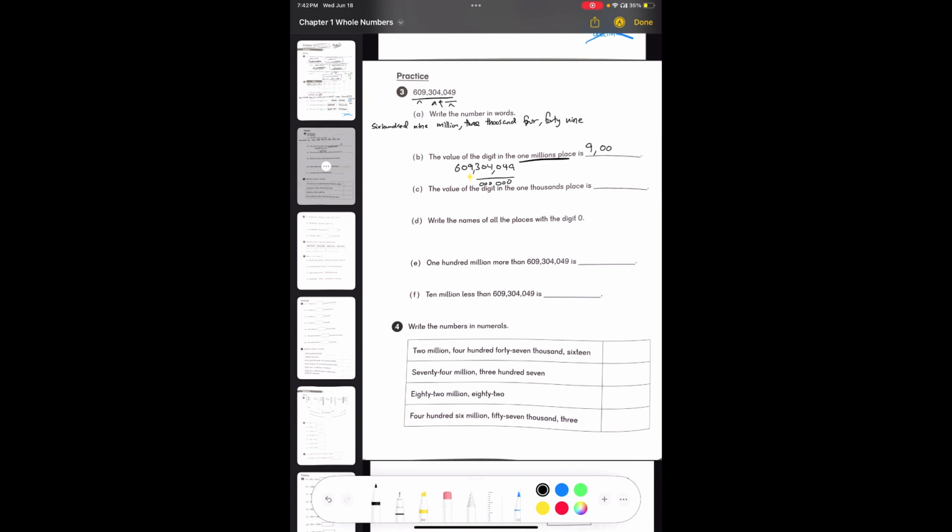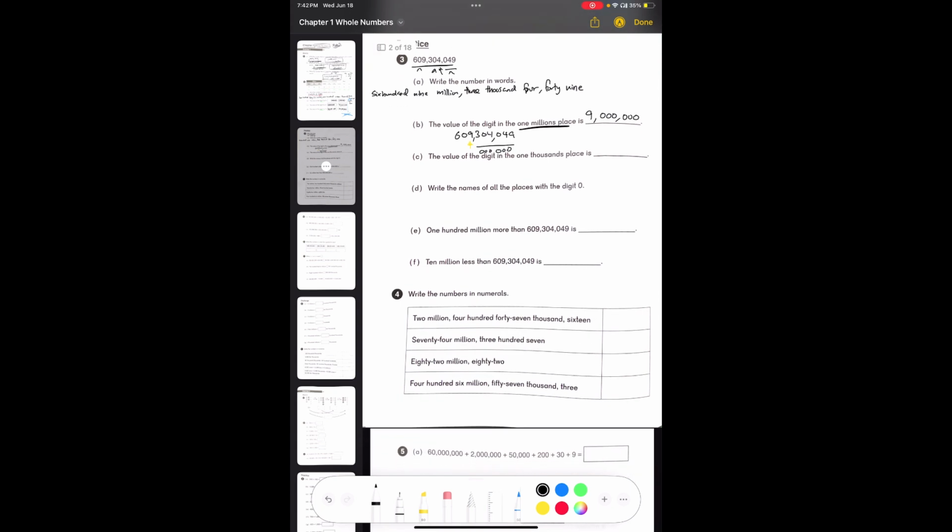So 9 million. And that's the answer for the digit in the millions place. So we'll do the same thing for the thousands place. We'll write this out. Find the thousands right here. All becomes zeros, so it's 4,000.